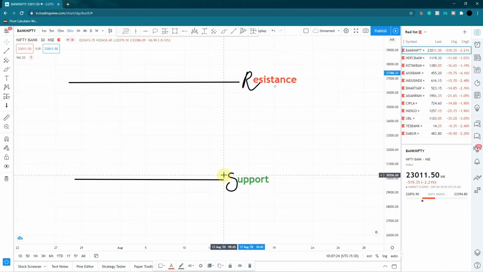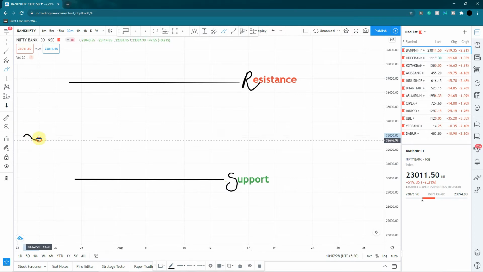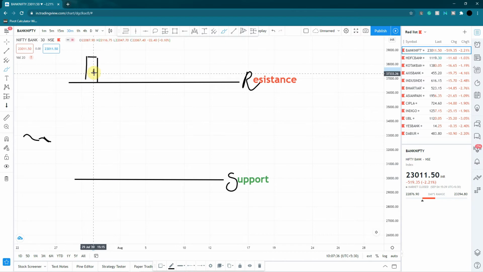Let's understand this in more detail with an example. Let's say the stock is somewhere here and this is our door with the doorknob. Now, if the stock wants to knock this door, this resistance off, what do you think it's going to do? It'll try moving towards it.